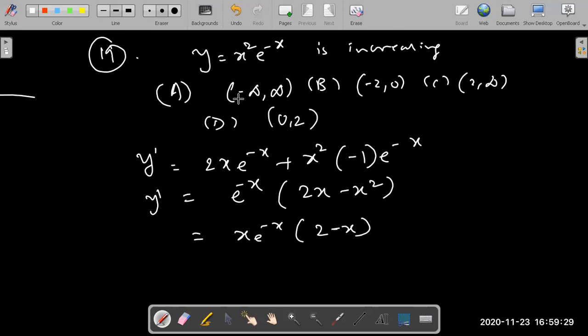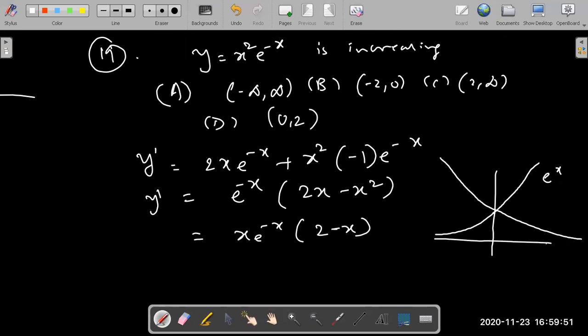So e power x will be an increasing function, keeps on increasing like this. This is e power x. E power minus x will be like this. So this is e power minus x. So e power minus x is anyway positive for all values of x.